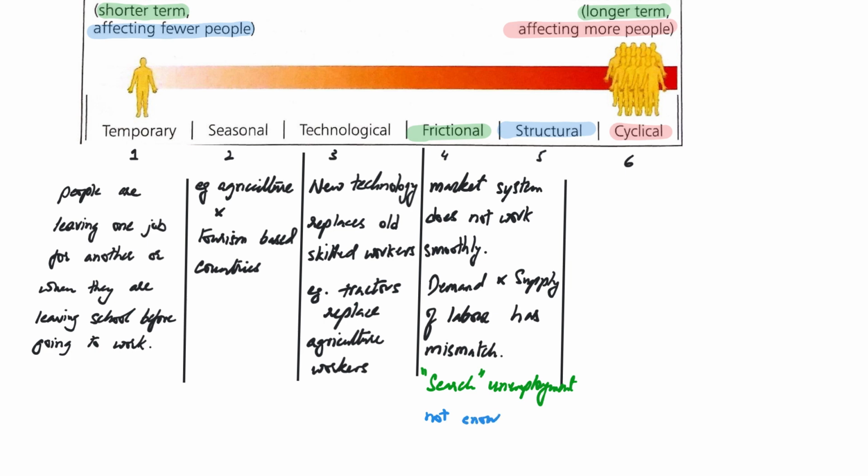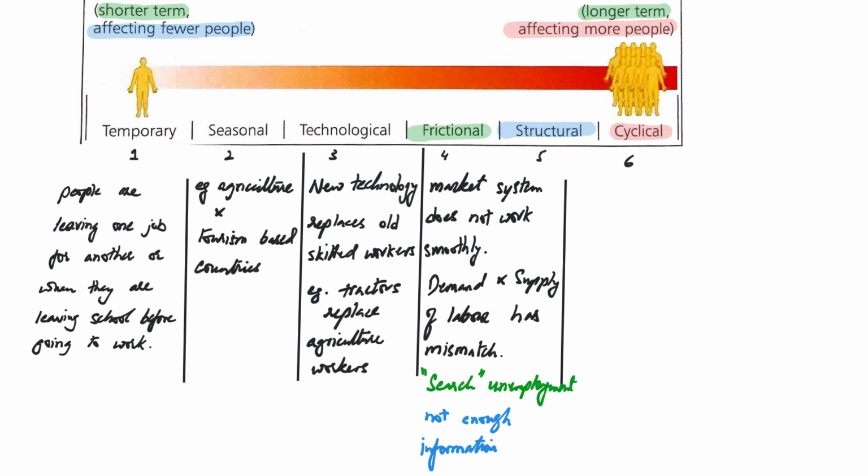This is basically frictional: demand and supply has a mismatch, and at the same time we also call it search unemployment, in which workers have lost their previous jobs and are searching for new ones, but they're unable to find them because there's too little information about where which job is available at their level. So that's why this problem comes. Amongst our top three, frictional, structural and cyclical, frictional is the least worrisome.